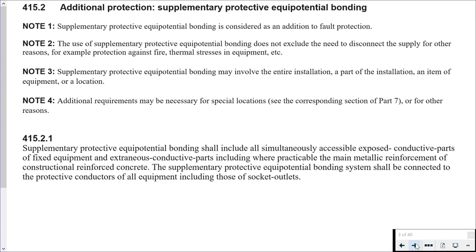The last section says supplementary protective equipotential bonding systems shall be connected to the protective conductors of all equipment, including those of socket outlets. So we also consider it from socket outlets as well, not just from fixed equipment as it says at the start.